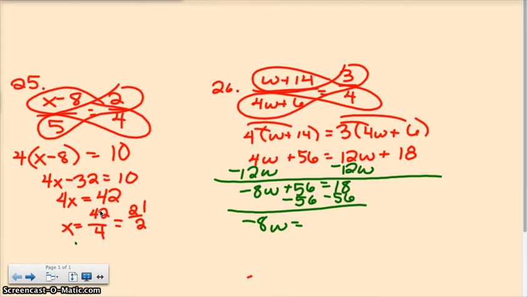I'm going to use my calculator to help me with this. 18 take away 56 is negative 38. Divide through by negative 8. Half it would be 19, so I got 19 over 4, and it would be positive because the two negatives cancel out.